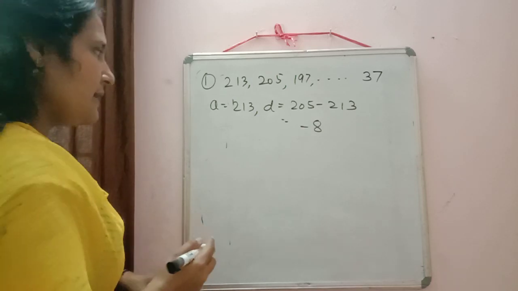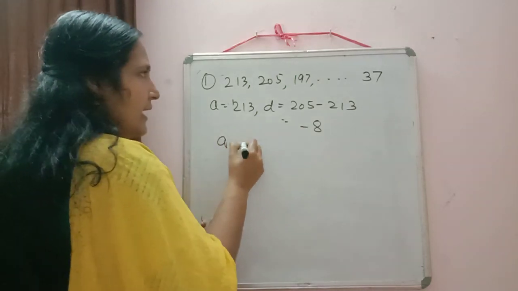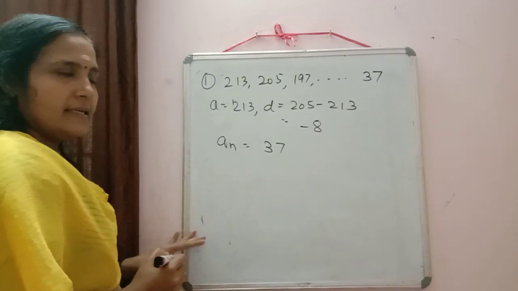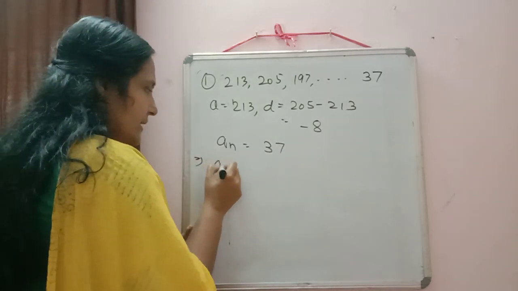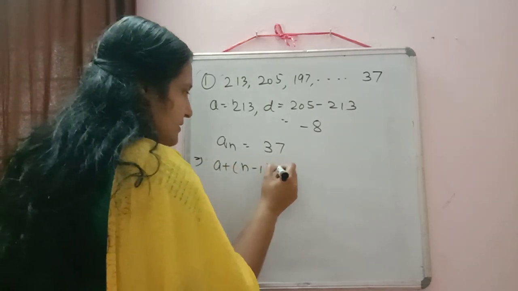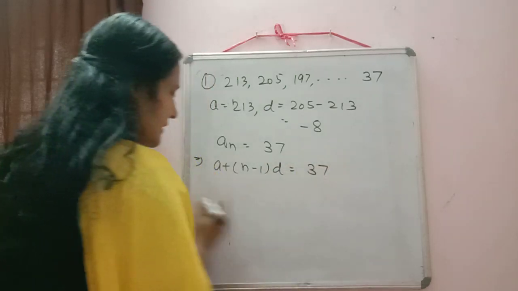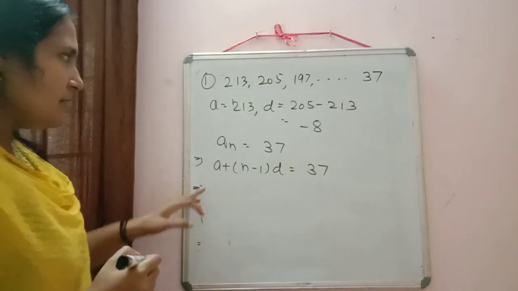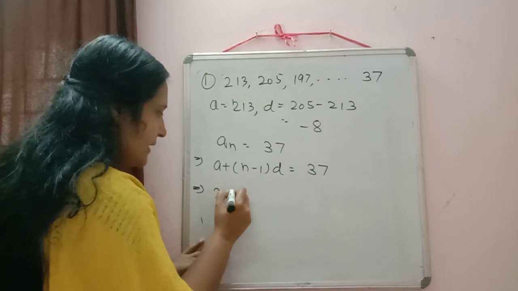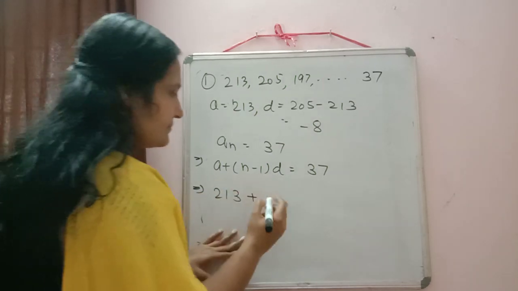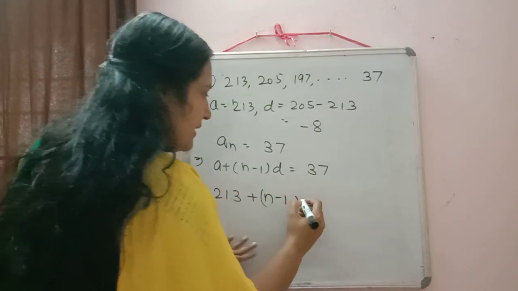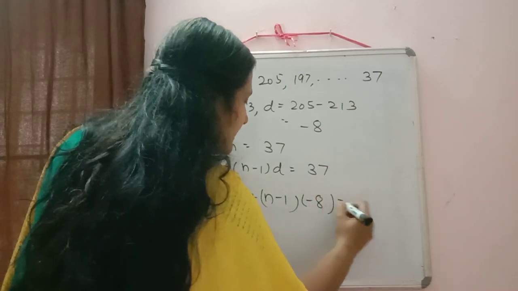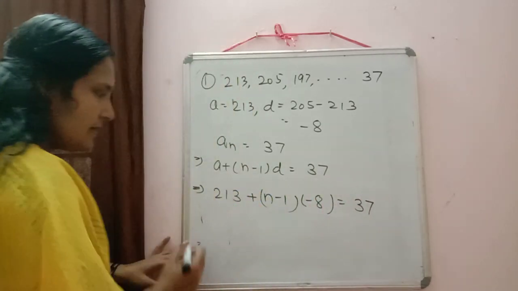D is equal to minus 8 and we have an is equal to 37. Formula is a plus n minus 1 into d is equal to 37. Now substitute the value. A is 213 plus n minus 1 into minus 8 is equal to 37.